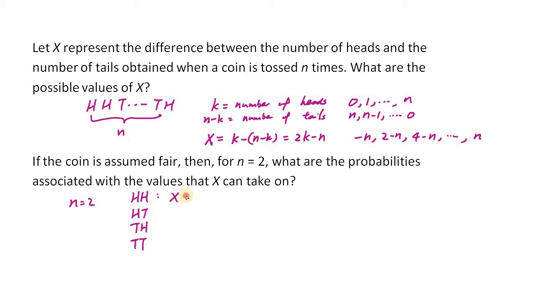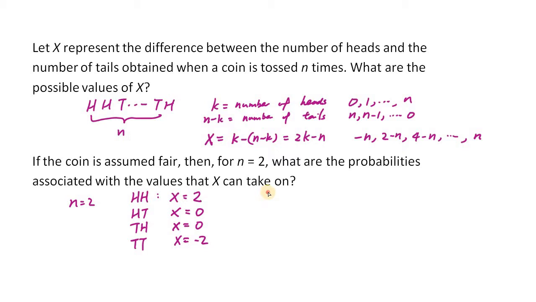And each case corresponds to different values of x. So in the first case, if they're both heads, we will have 2 heads minus 0 tails, which is 2. If 1 head, 1 tail, x is cancelling out, equal to 0. In the third case, it's also 1 head, 1 tail. In the last case, it's 2 tails, so it will be 0 minus 2.